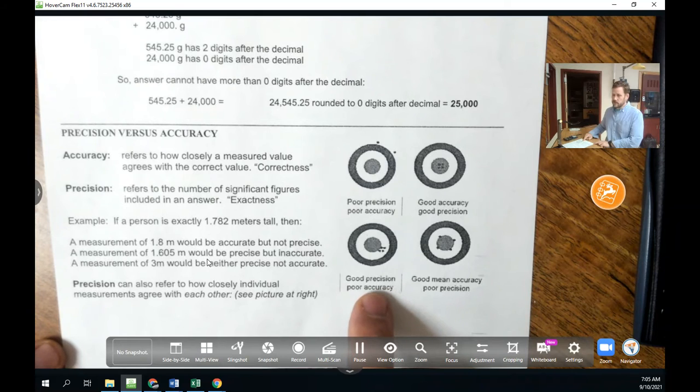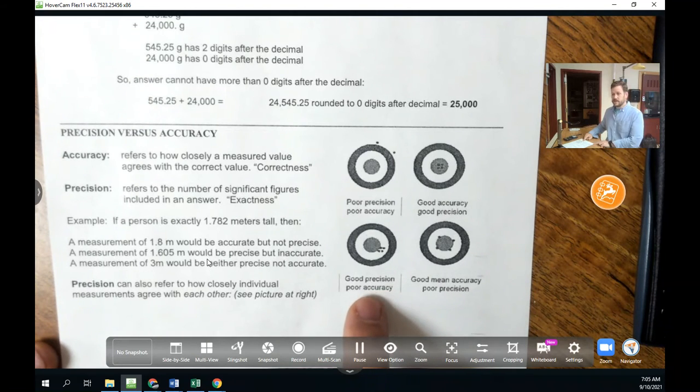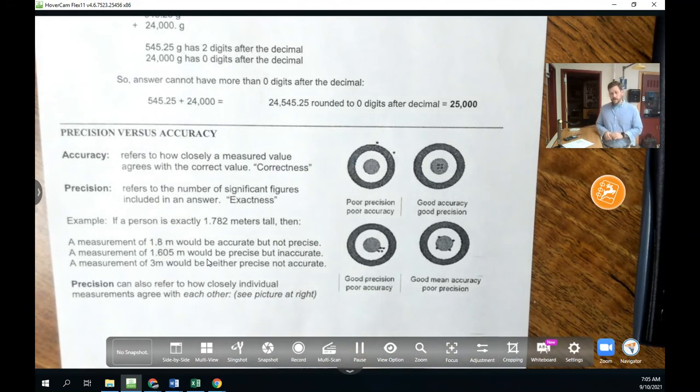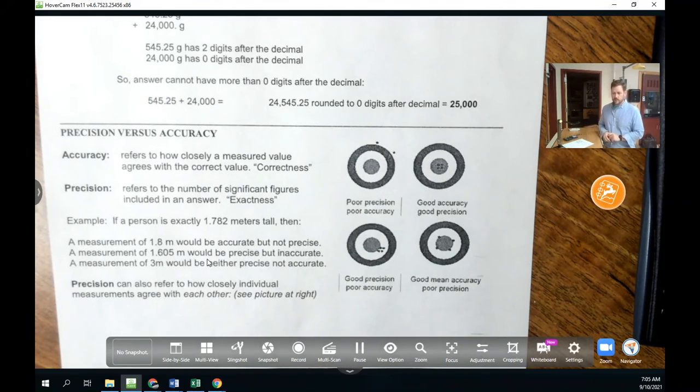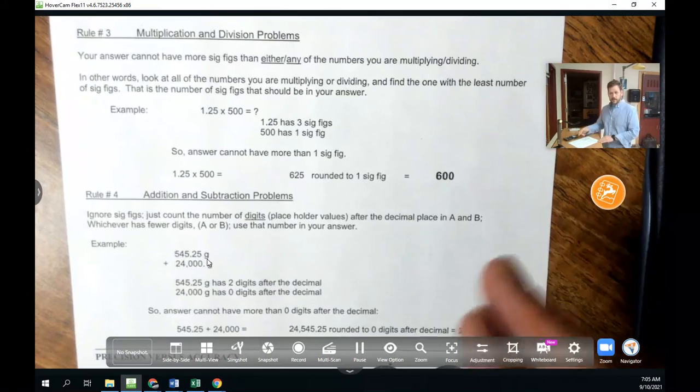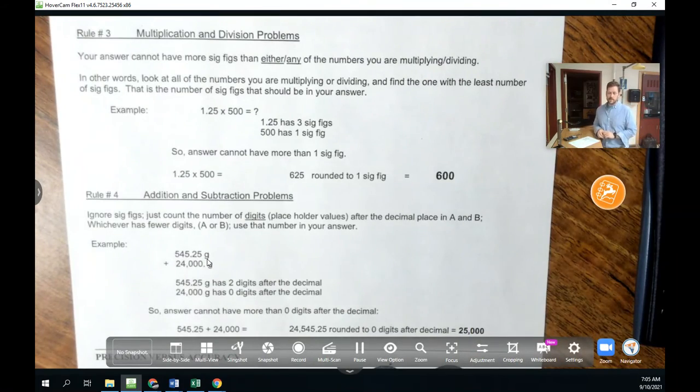You're throwing those darts in the exact same region every time, but they're not on the bullseye. That means that your throwing is very precise. There's not a lot of deviation from one dart to another, but it's not hitting the true value, so to speak, or it's not hitting the target. So we're going to practice rounding to a new number of significant figures by using rules for multiplication and division versus addition and subtraction next.